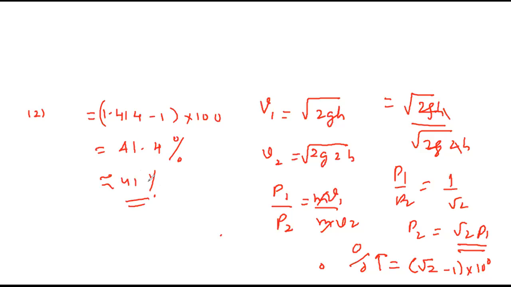After this, which sum? Sir, 37. Okay. 37. Ashleisha, Ananya, and Ayush, you all know 37?